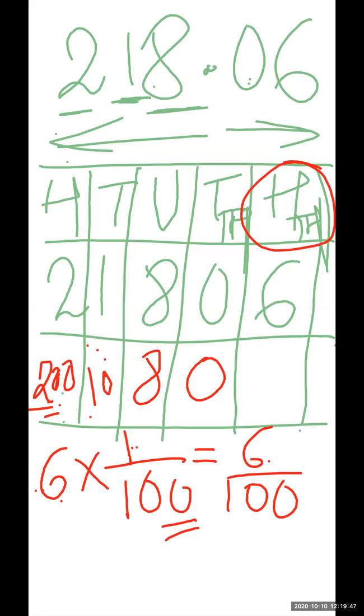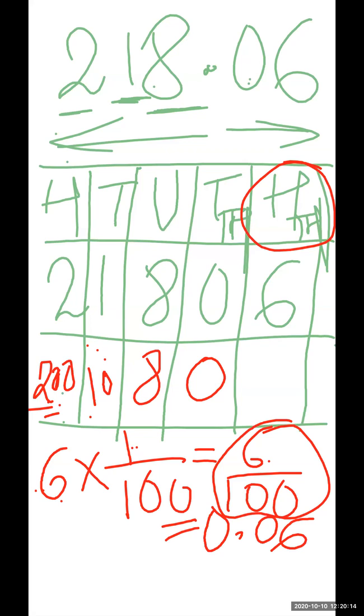Now tell me, we saw this yesterday. 6 upon 100. So what will come? 0.06. Correct? Because the whole number is not there, so you will put 0, and in the denominator 2 zeros are there. That's why after the decimal point you will give 2 places.